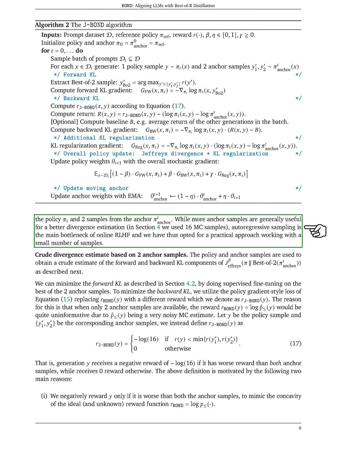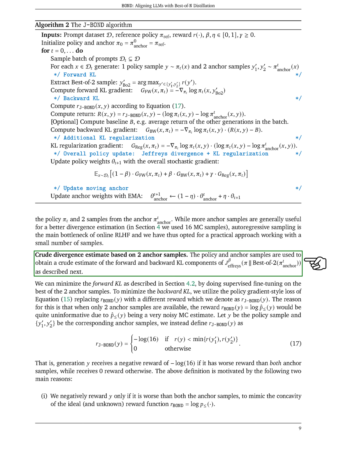While more samples can improve divergence estimation, we focus on a practical approach that works with fewer samples, as autoregressive sampling can be a bottleneck in online RLHF. We use the policy and anchor samples to create a rough estimate of the forward and backward KL components of the Jeffreys divergence.